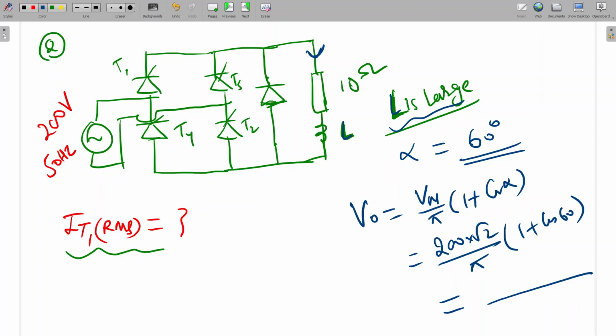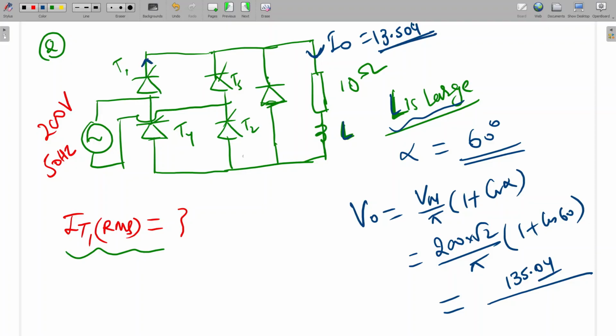Can anyone tell this value? 135.047. So what will be the output current? Output current will be 13.5, yes, 13.504.